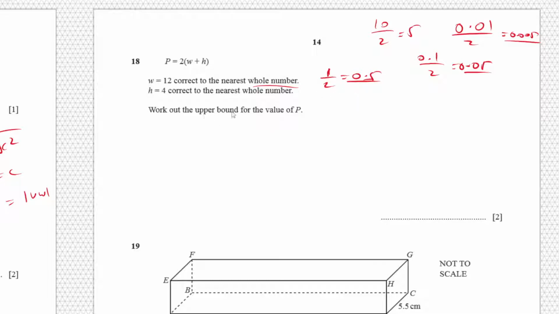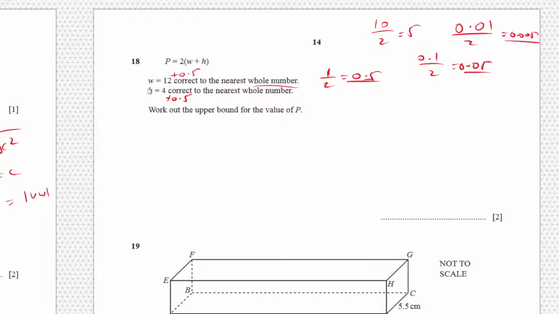So since we're finding upper bound and all of that is added and multiplied, the higher it is, the better it is, right? We just need the highest possible number of P. And we're going to have to take W and H as the highest possible, because logically we'll get the highest possible answer of P if we take the highest possible answer for W and H. So let's add 0.5 to this, add 0.5 to this. Not to the final answer, right?